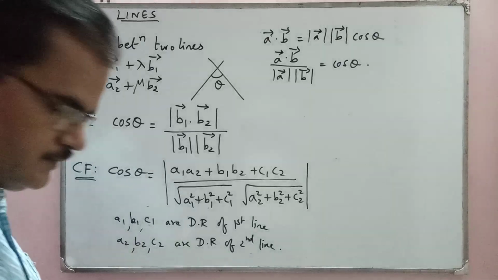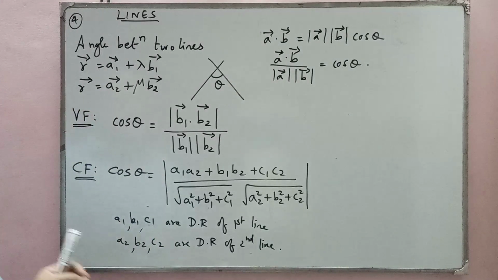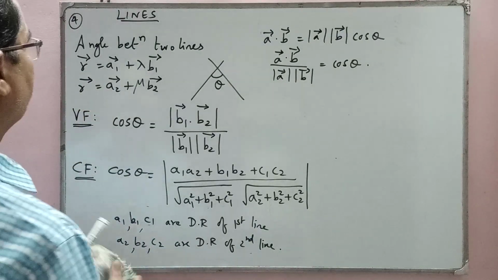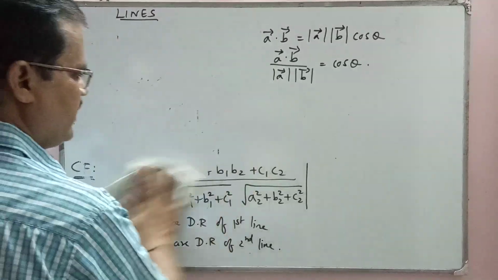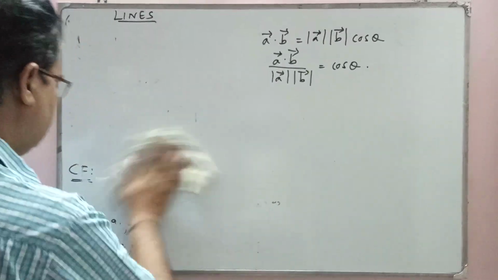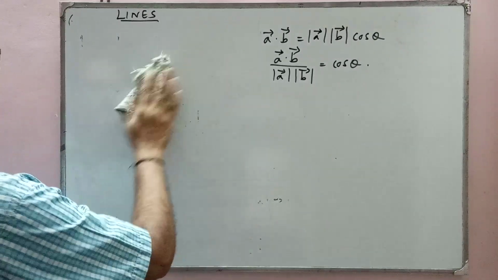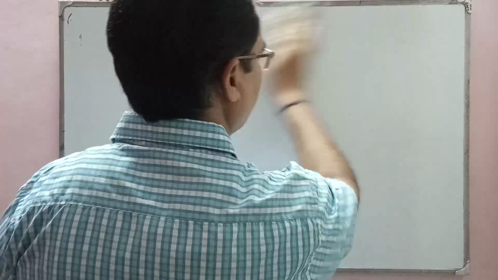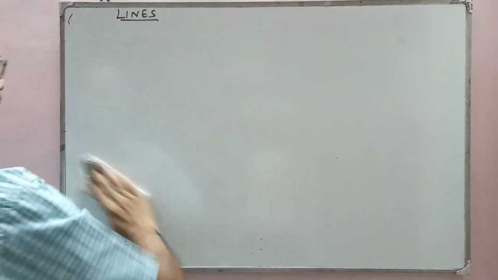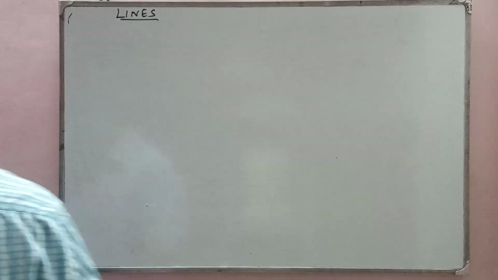Now we are going to see the shortest distance between lines. I'll erase this one. That is the last part of exercise 11.2. So I told you the way to remember this formula too: a dot b formula, modulus of a modulus of b cos theta, that you can remember.